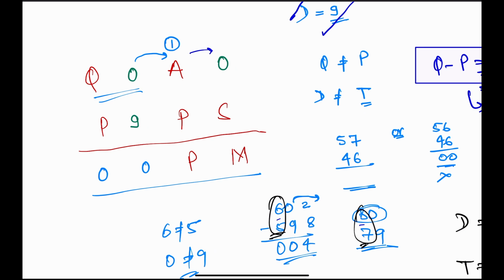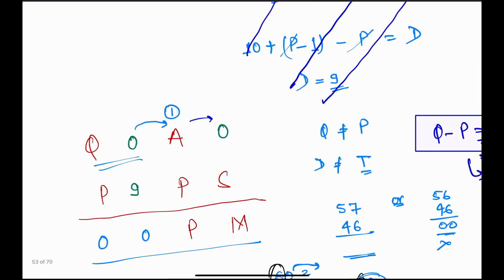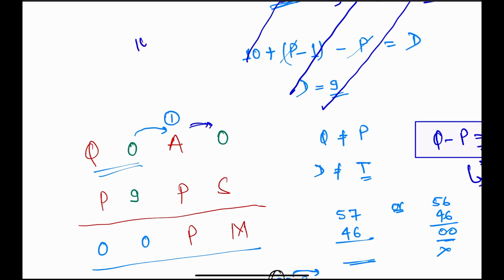So one thing I can think of is that A will be giving one carry, so 10 minus S equal to M, so 10 equal to S plus M. One more equation I got.